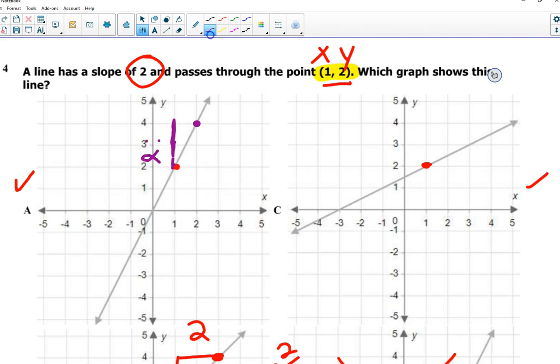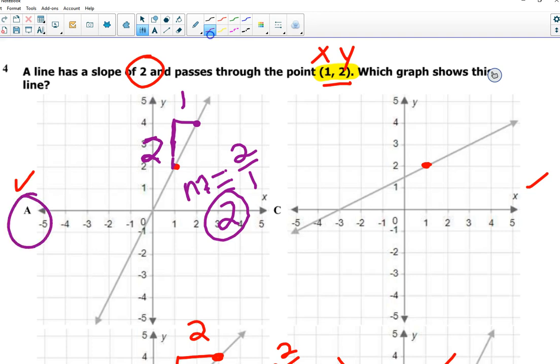So what's the slope of this? 2 over 1, which is 2. So what's our answer? A, again. Now C is 1 over 2, which is 1/2, just like the last one. So it can't be C.